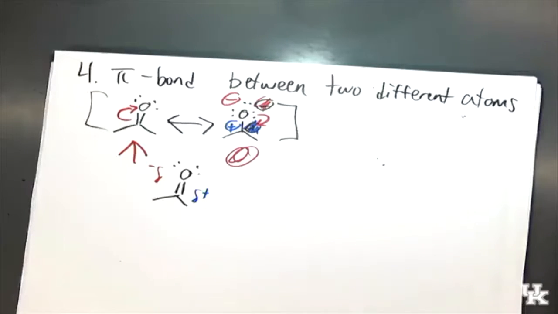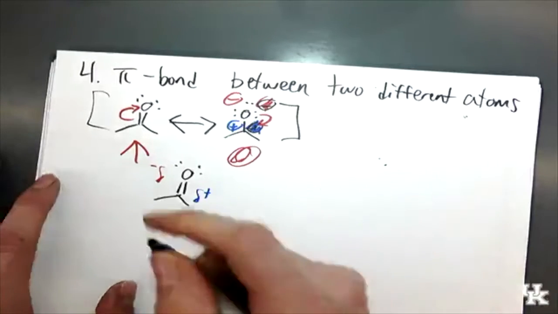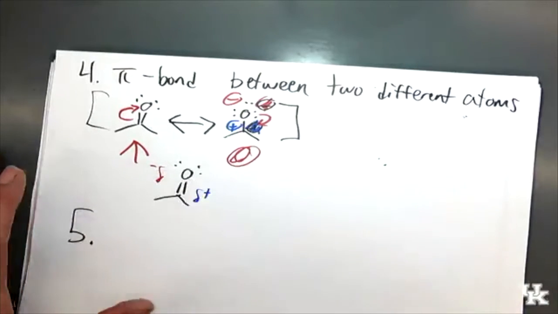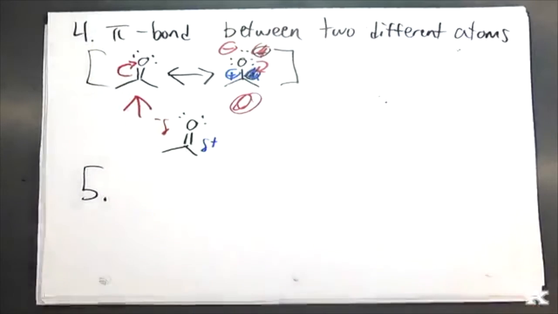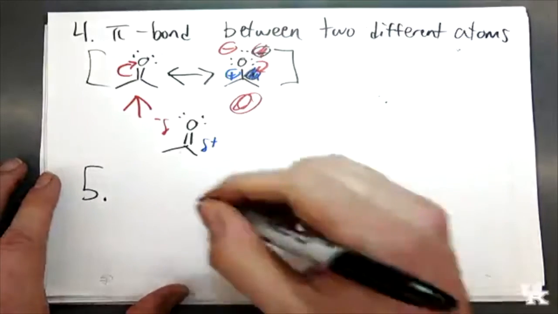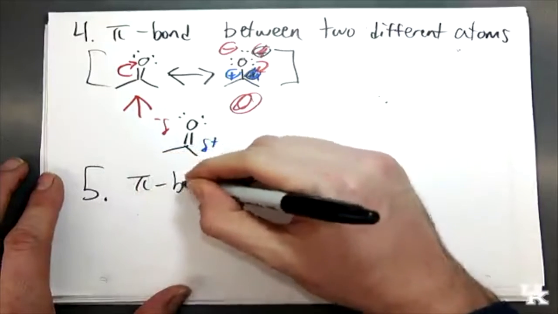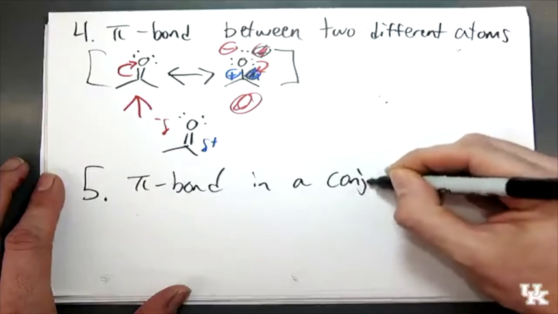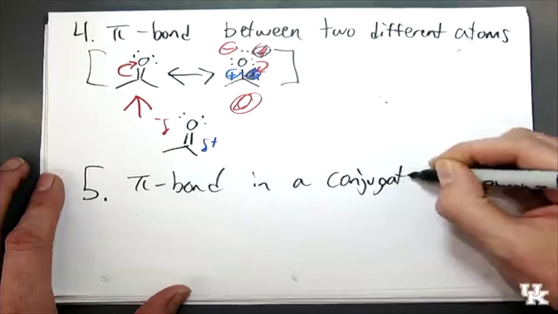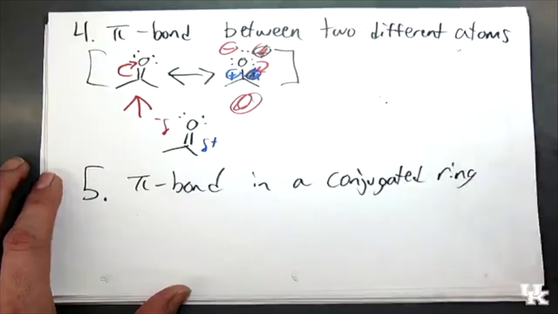All right, the last one that we'll talk about is one that we'll touch on some. If you've seen the homework, you will know that this type of resonance is one we'll deal with a lot, and that is pi bonds in a conjugated ring.